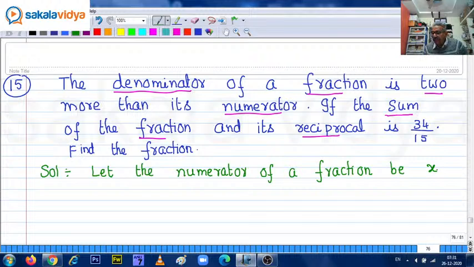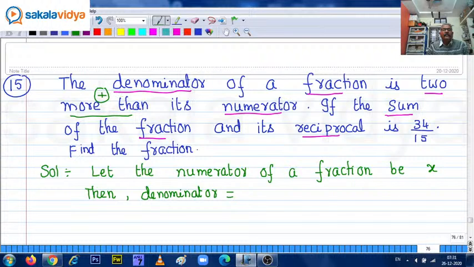This is the first step. Second step, then the denominator is equal to... the denominator of a fraction is 2 more than the numerator, which means plus 2. So 2 plus the numerator x becomes x plus 2.